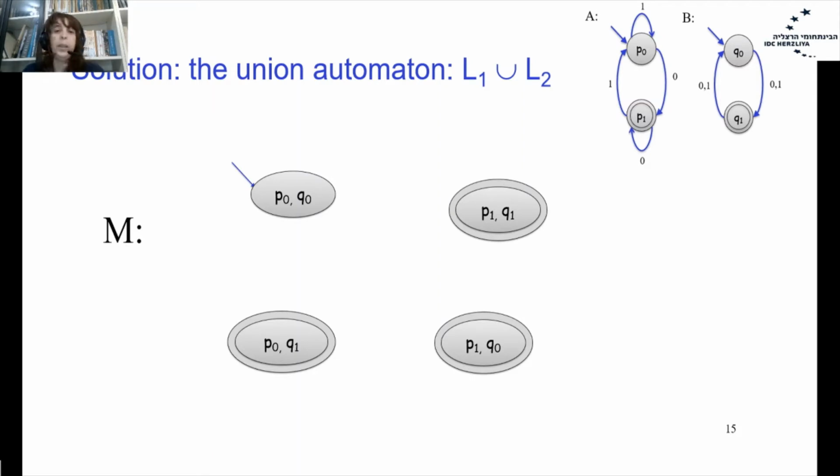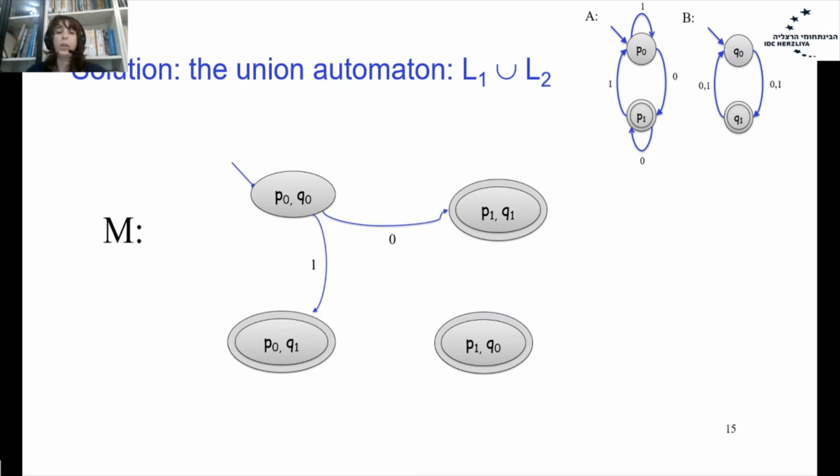So P0, Q0 on 0 will move us to P1, Q1, since we have a transition from P0 to P1 in automaton A and a transition from Q0 to Q1 in automaton B. P0, Q0 on 1 will transfer us to the new state P0, Q1, since on 1 in the first automaton we stay at P0 and in the second automaton we move to Q1.